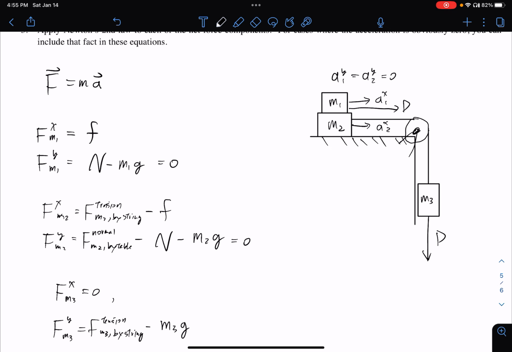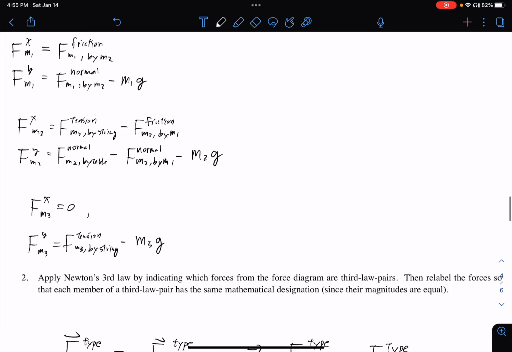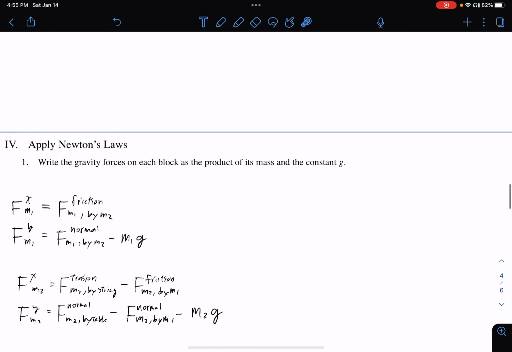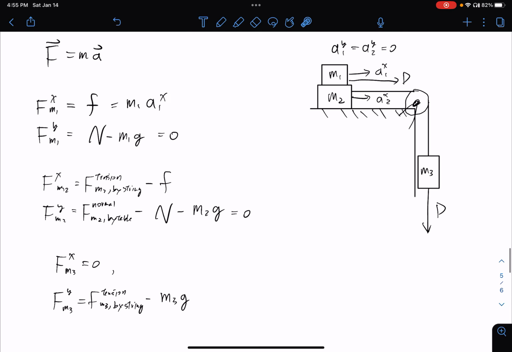We also have this one equals m1 a_1x, but we know from our previous calculation we are going to name it just a, so let's just write it as a.